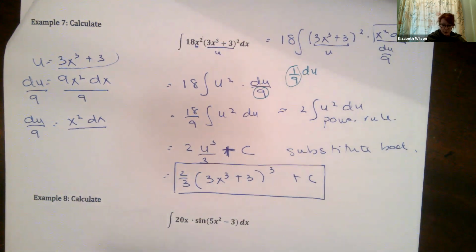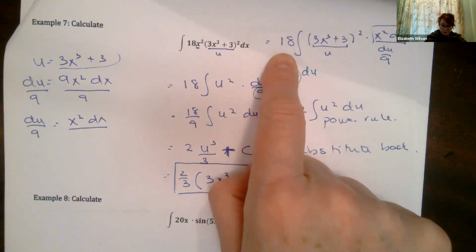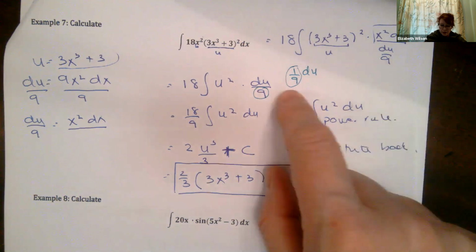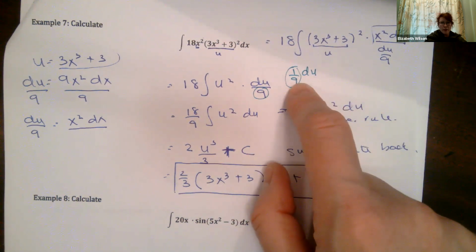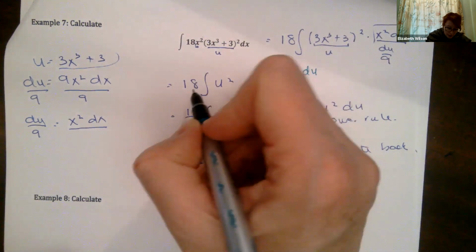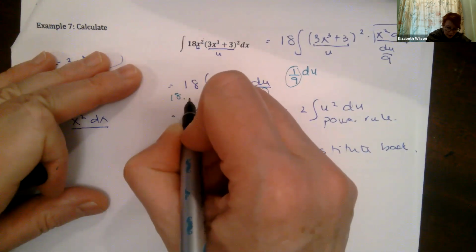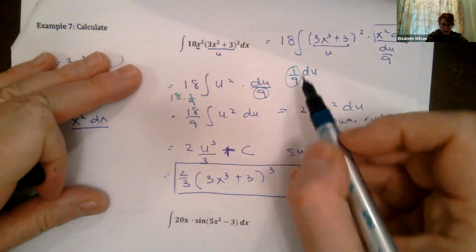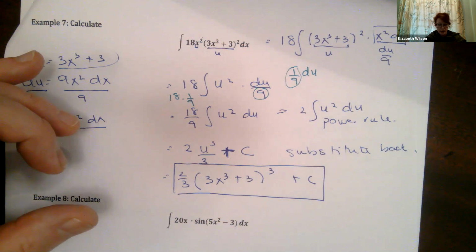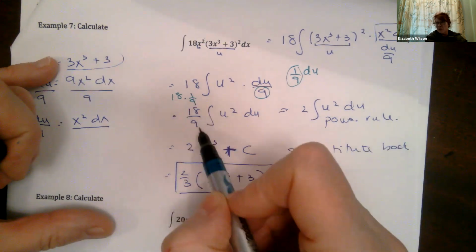So I brought the 18 through already, right? And then when I substituted x squared dx with du over 9, that's just 1/9 times du. So I brought the 1/9 out. So what I really did was 18 that was there before times 1/9, right? Because I brought the 1/9 through the integral, and it becomes a multiplier that I'm going to multiply my answer through. So 18 divided by 9 is just 2.